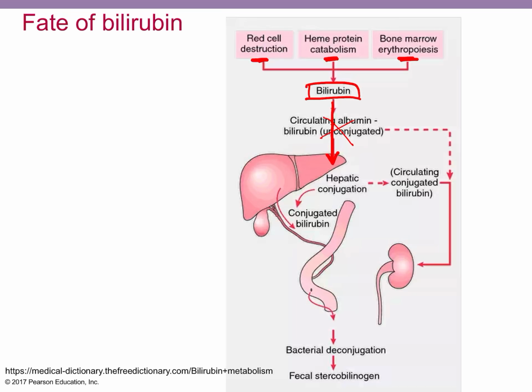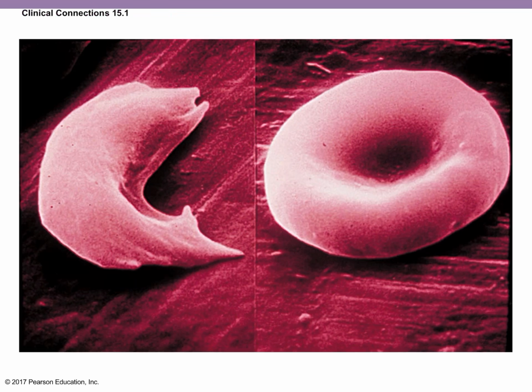That's not super important for us to know, but we can see that bilirubin goes into the liver, right? And then it's secreted from the liver into the intestines, or it can be in the bloodstream to the kidney. So how we get rid of our bilirubin is either through feces or urine. And actually that's why urine is yellow in color.